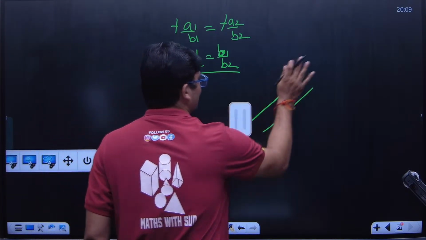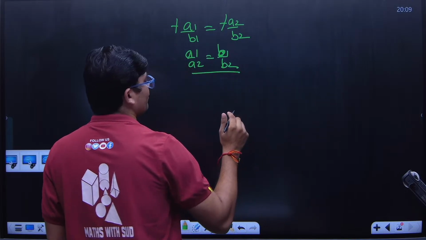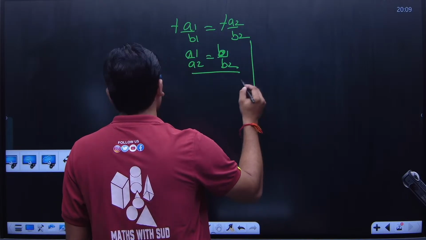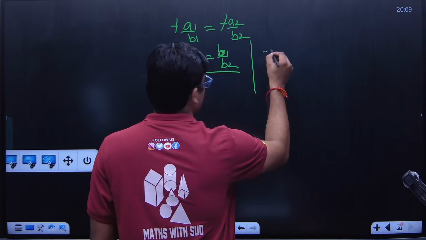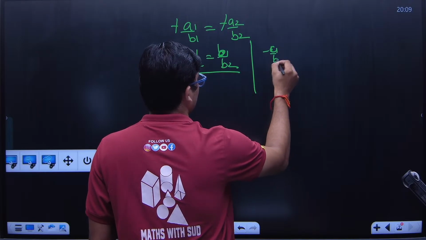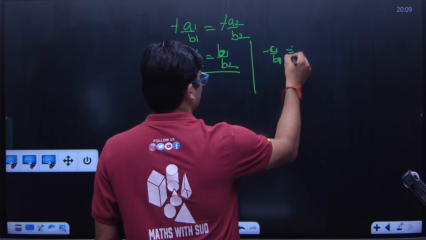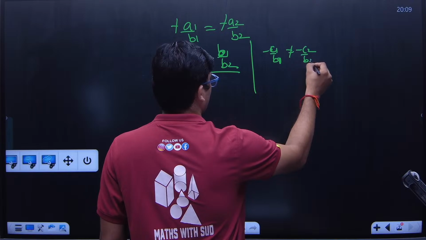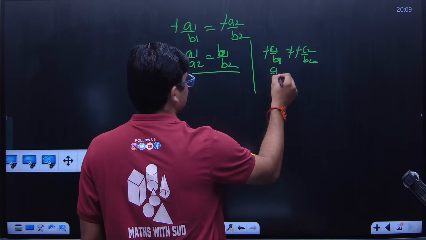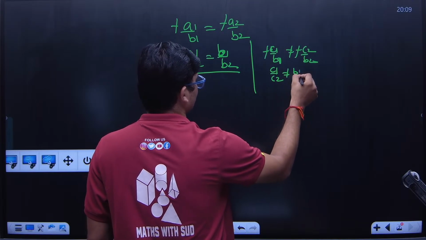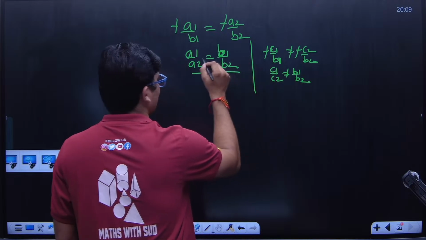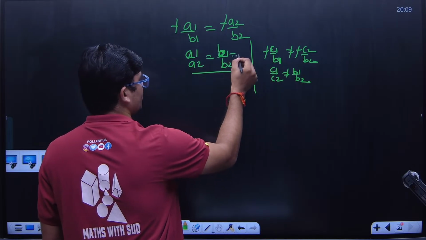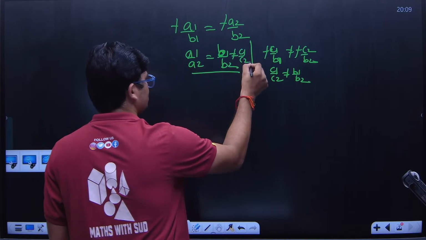So if they are parallel, then the y-intercepts are not the same. The y-intercept minus c1 upon b1 is not equal to minus c2 upon b2. Minus will get cancelled out. That means a1 upon a2 is equal to b1 upon b2 but not equal to c1 upon c2.